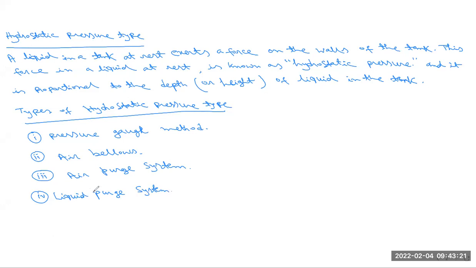So these are the four types of process for the classification of the hydrostatic pressure type. Number 1, pressure gauge method. Number 2, air bellows method. Number 3, air purge system, and number 4, liquid purge system.